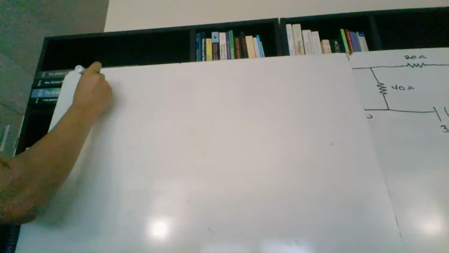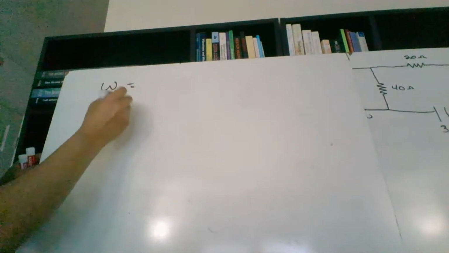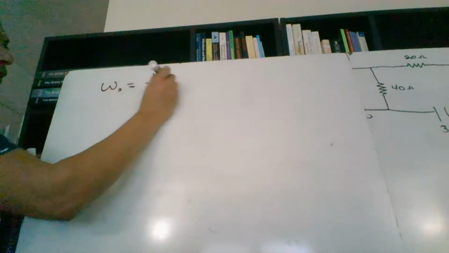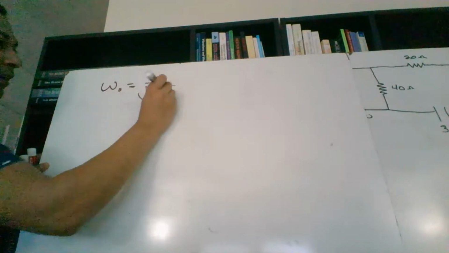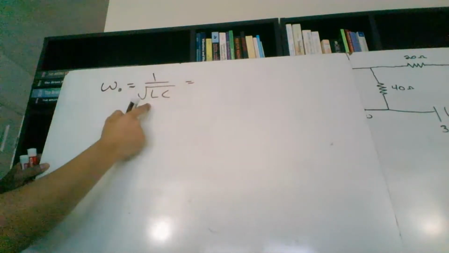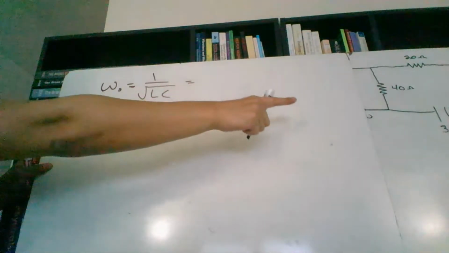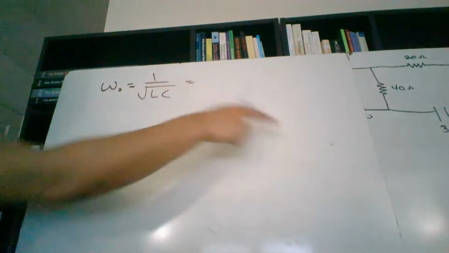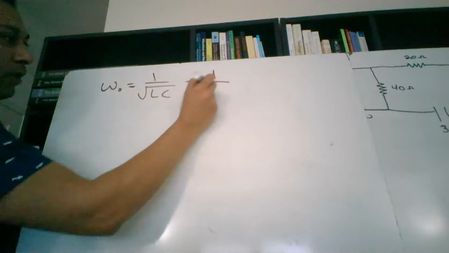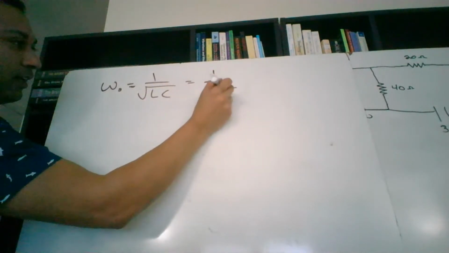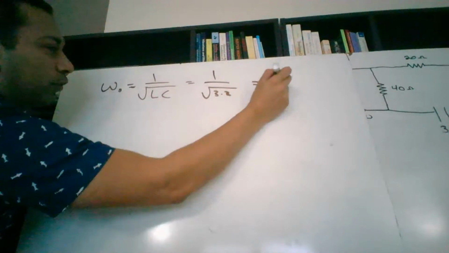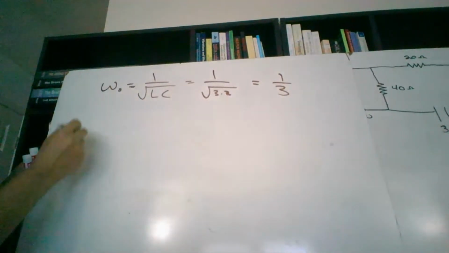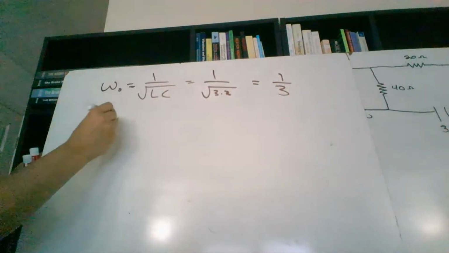The natural frequency is equal to 1 over the square root of LC. So here, L is equal to 3 henries and C is equal to 3 farads. So you get 1 over the square root of 3 times 3, and that's going to equal 1 over the square root of 3. Now, what about alpha?